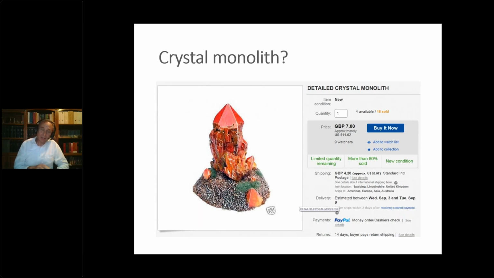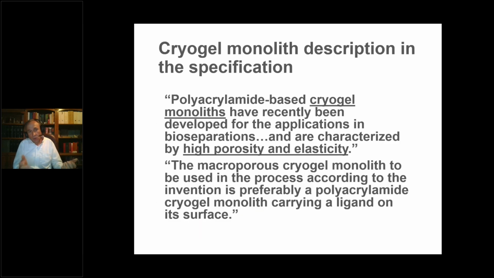So now I had to do some digging. So what does it say? Okay, the cryogel monoliths are characterized by high porosity and elasticity, polyacrylamide cryogel monolith with a ligand, okay? And then what happened was it went into a thing called definition by reference.